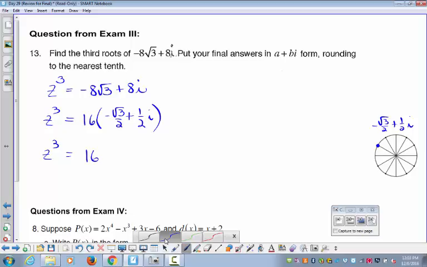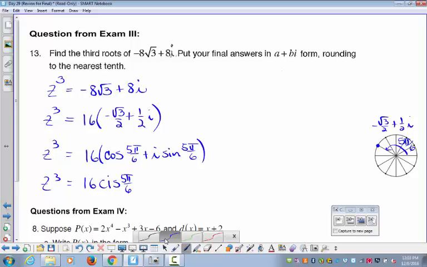What is the angle there? 5 pi over 6. So we can write this as 16 times cosine of 5 pi over 6 plus i sine of 5 pi over 6. Or you can use the shorthand notation, which I think is a lot easier. We write that as 16 CIS 5 pi over 6. Either way.